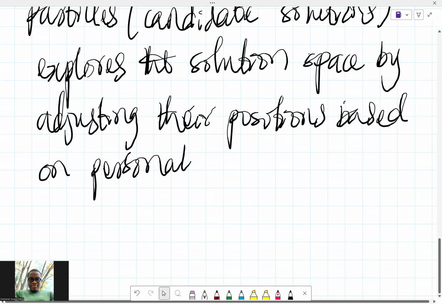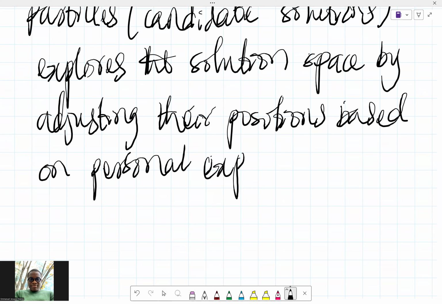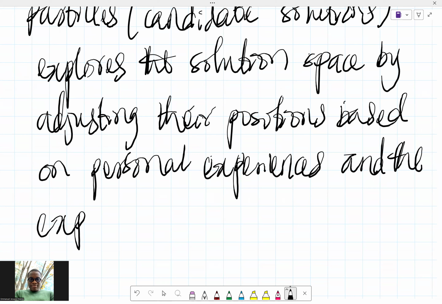So it's taking a position based on experience, and also the experiences of their neighbors.